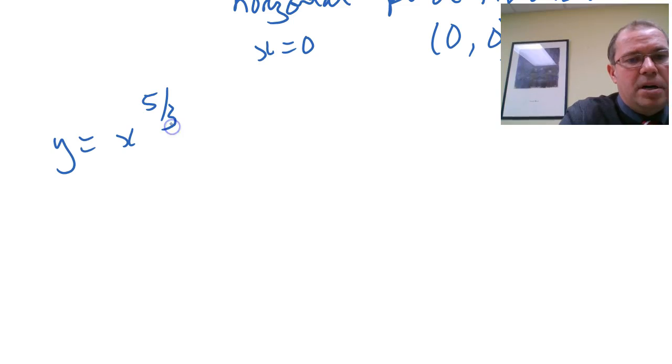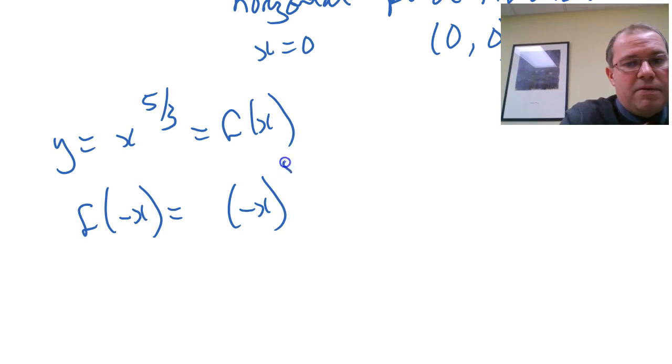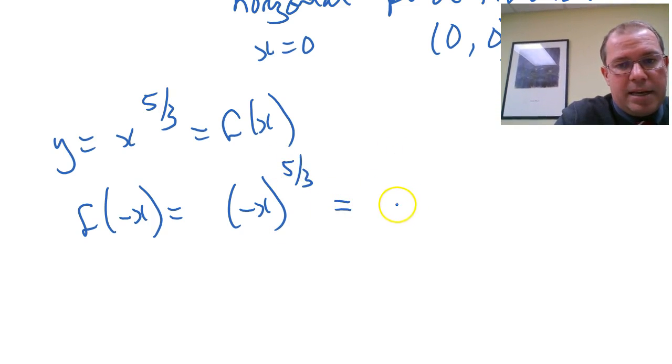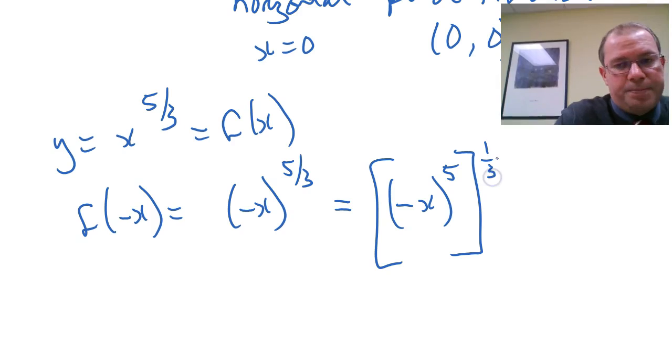Now, if you remember, I'll write that in function notation, f(x). If we explore f(-x), which would be (-x) to the power 5/3, let's see what that's equal to. I can write that as (-x) to the power 5, and then the cube root.